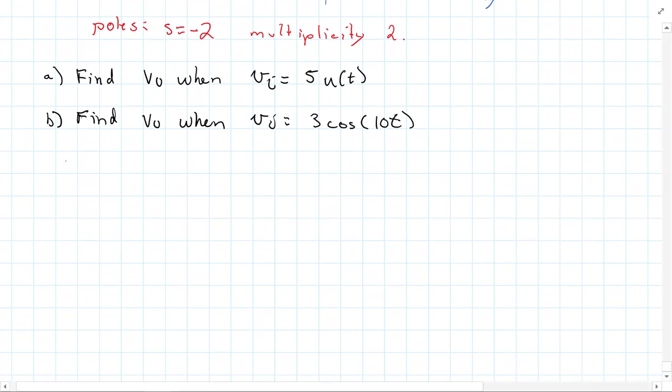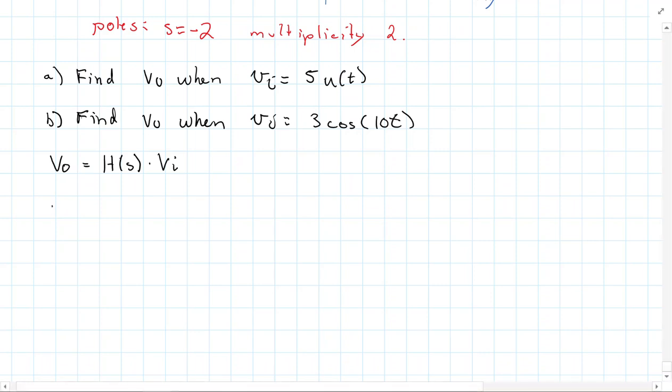In other words, V out in both cases is just going to be simply my transfer function times V in. And that's because my transfer function was defined as V out over V in.